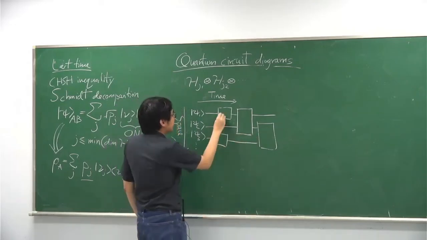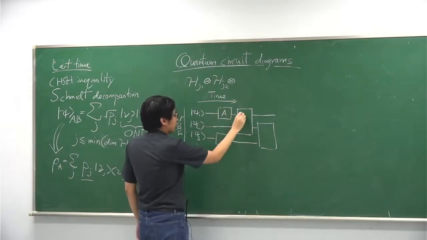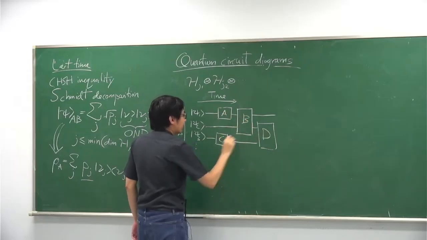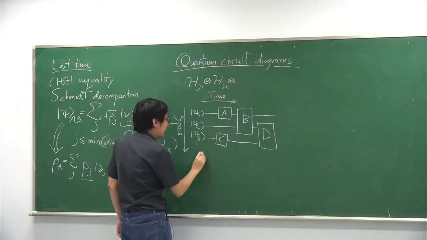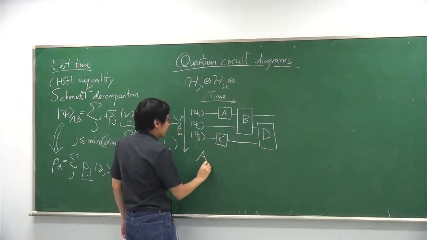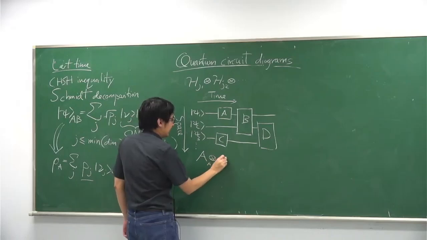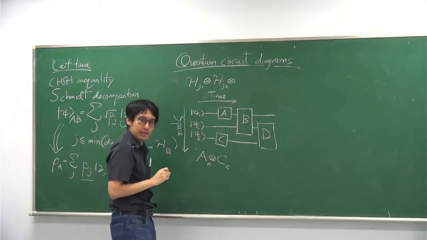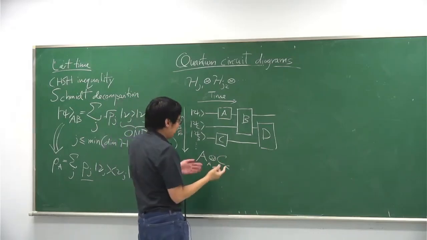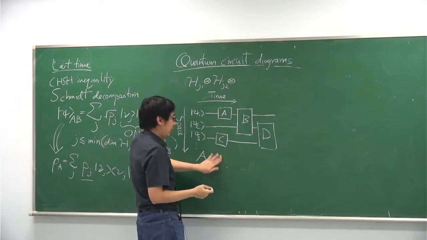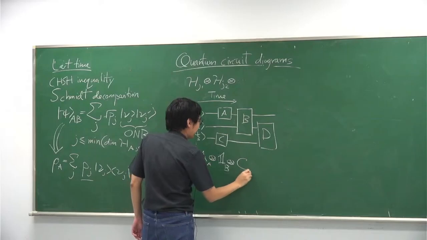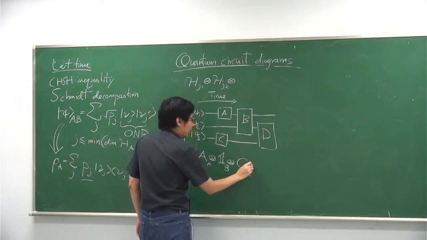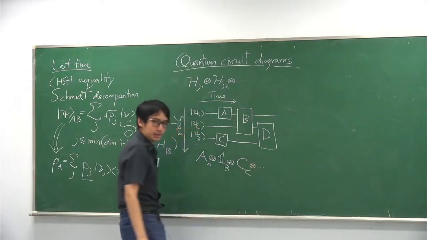So for example, let's say A, B, C, D. This here means that I apply A on system A and C on the third system at the same time. And maybe if I want to order the Hilbert spaces correctly, I say I don't do anything to Hilbert space B. I do this and so on if I have more systems.